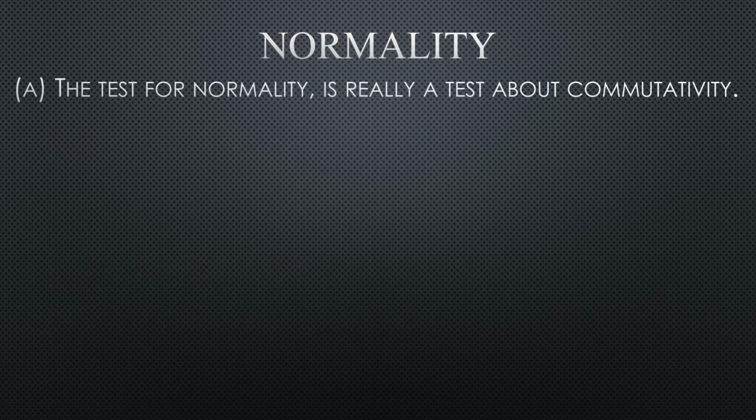So, the test for normality is really a test about the commutativity of the matrices. As such, what we need is M and M dagger. Since the dagger is the conjugate transpose or the adjoint, we know that being a symmetric matrix doesn't really change this, but the conjugate puts that as a negative i.